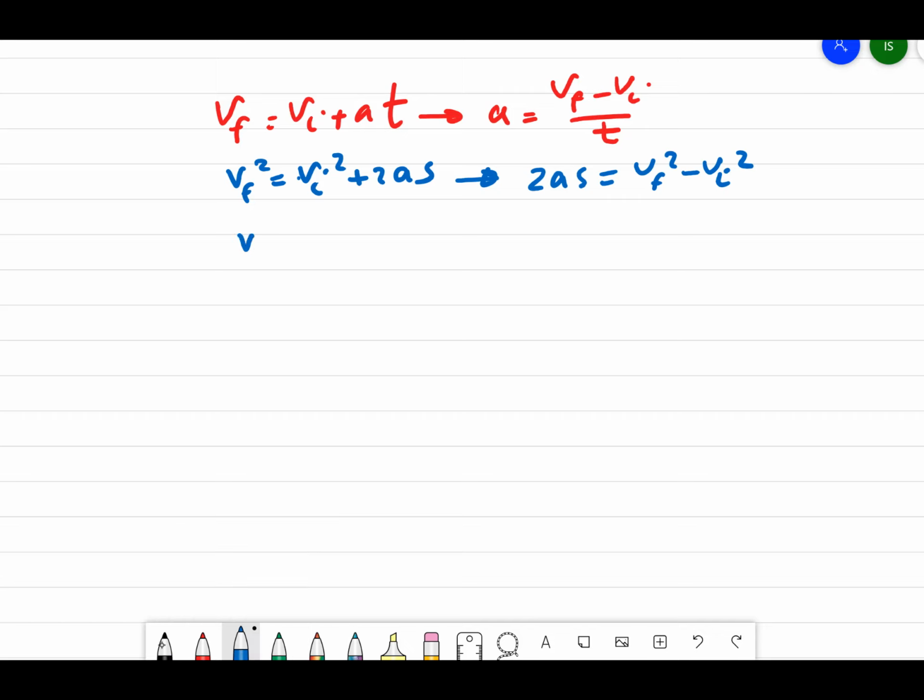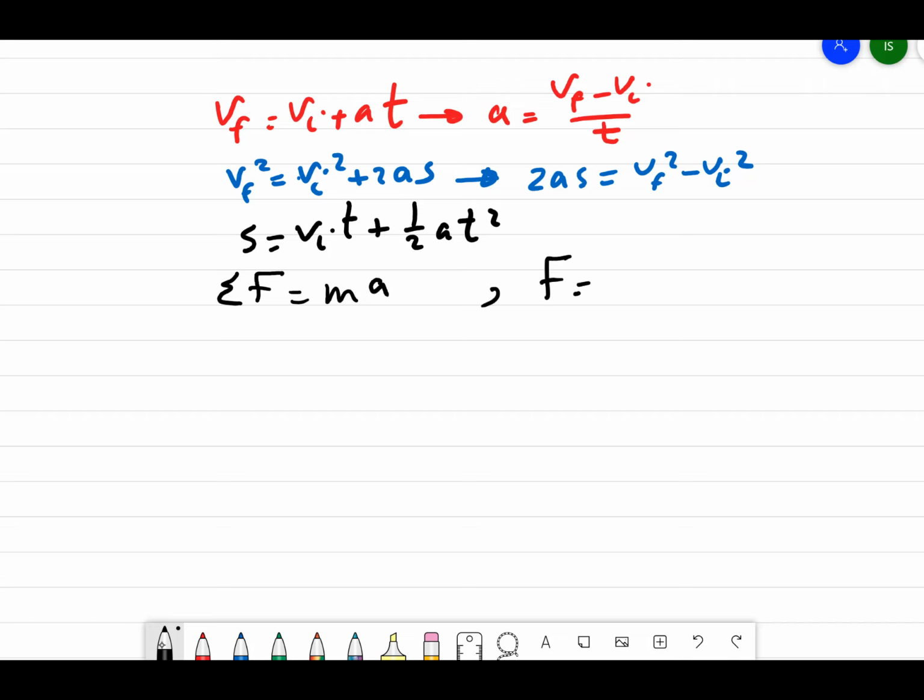Another one, s equals v initial t plus half a t squared. v initial is the initial speed, t is time, s is displacement, a is acceleration. Also for the force, the net force equals ma.